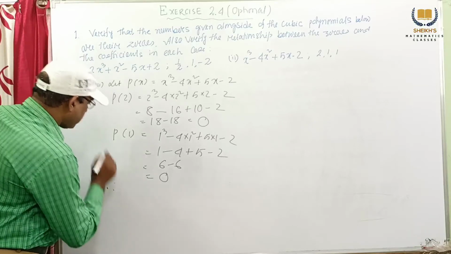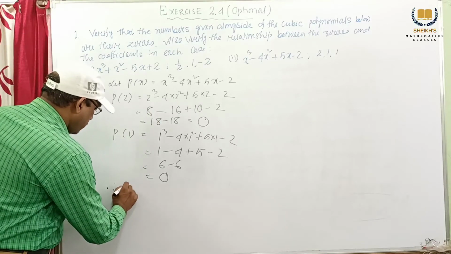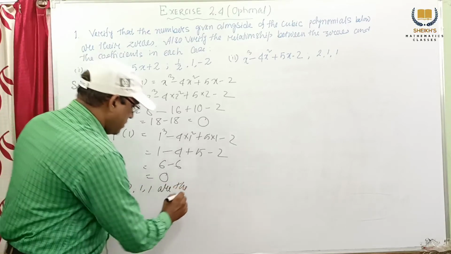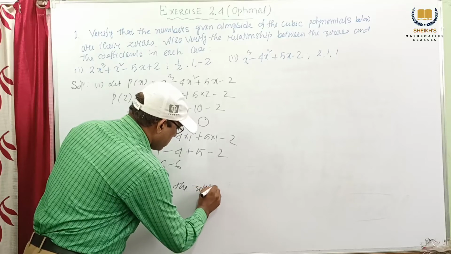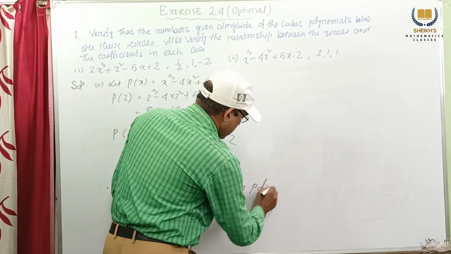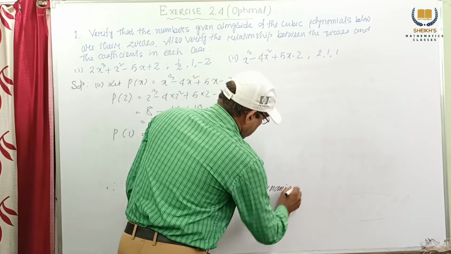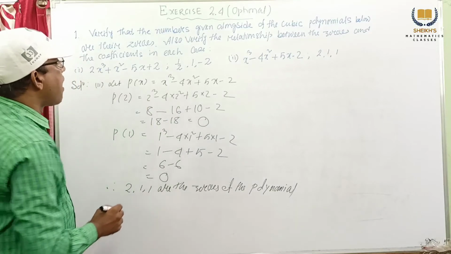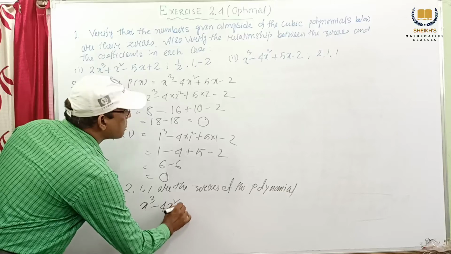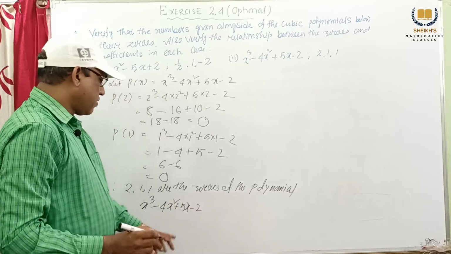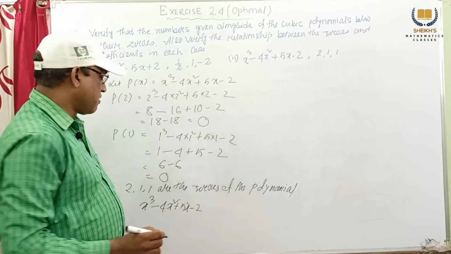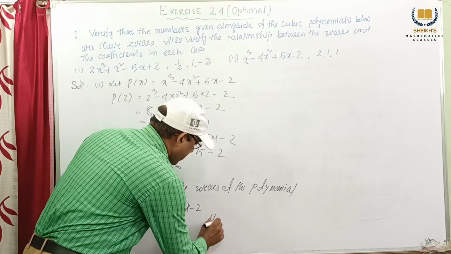Therefore 2, 1, 1 are the zeros of the polynomial x cube minus 4x square plus 5x minus 2, because we put this value in this polynomial, the answer will be 0. So these are called zeros of the polynomial. Hence verified.